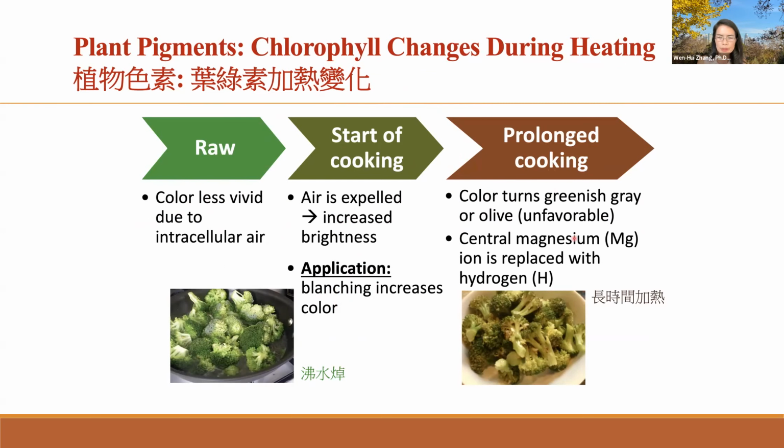But during prolonged cooking, if you leave the broccoli in the oven for too long, then the color will change to this undesirable greenish gray or olive color. It's because the magnesium in the center of chlorophyll is lost and replaced with hydrogen. So when we cook vegetables too long, we will lose magnesium in the green vegetables.